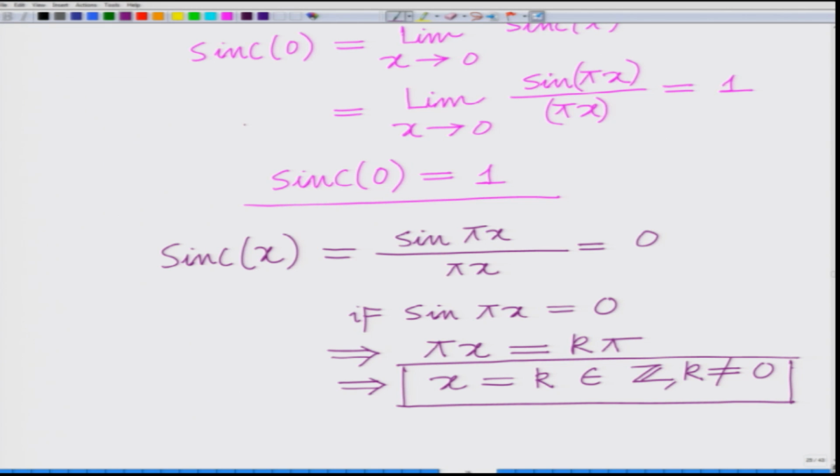So, at x equal to 0 we have sinc of 0 equal to 1, except that at all other integers x equal to k, sinc of k would be sin of k pi divided by k pi, but sin of k pi for any integer k is 0. So, for all integers k not 0, sinc of k is 0.